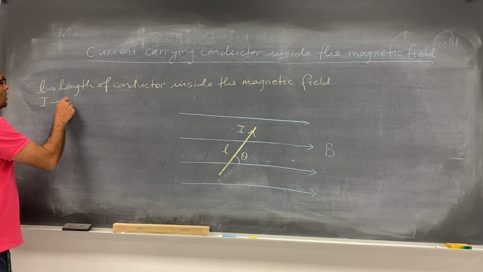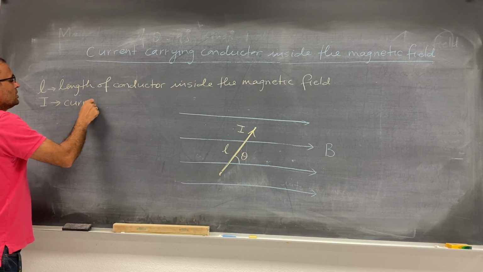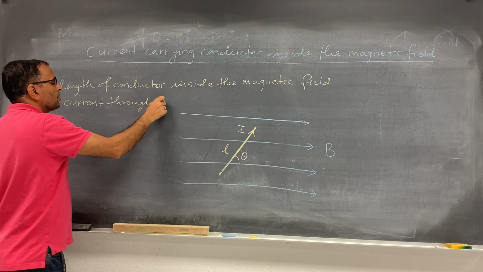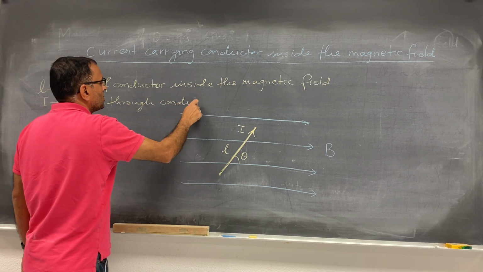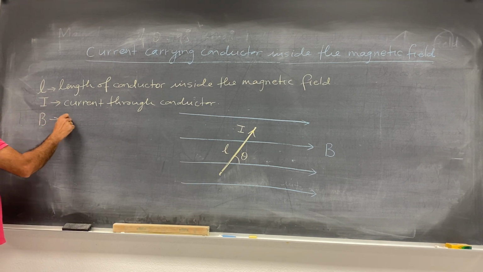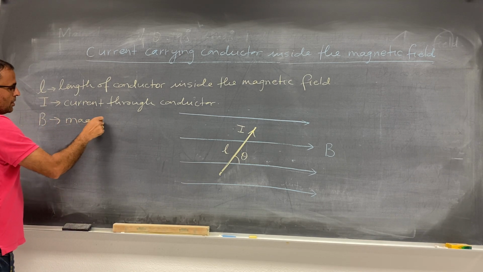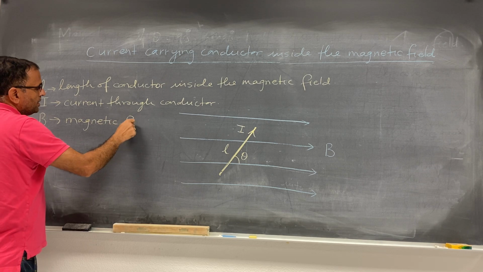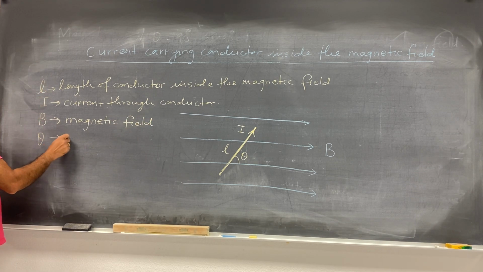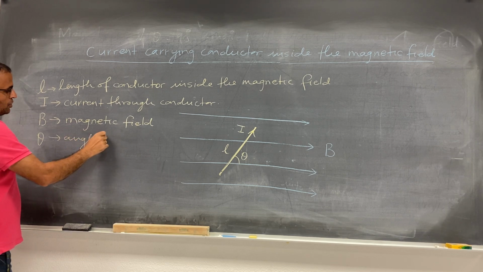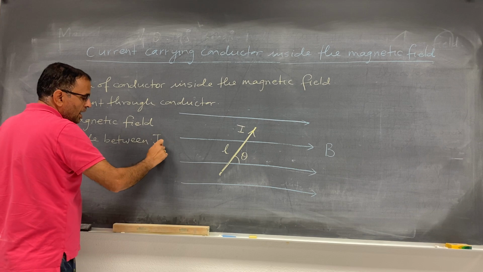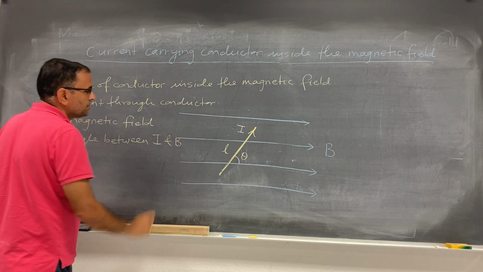Current passing through the conductor. Of course, B is the magnetic field. Theta is the angle between current I and magnetic field B.